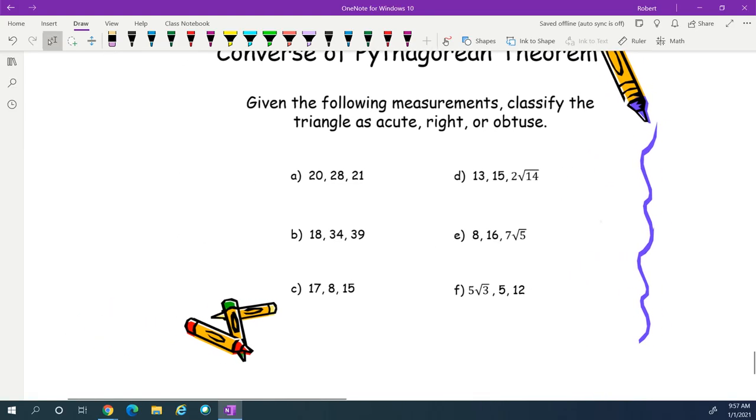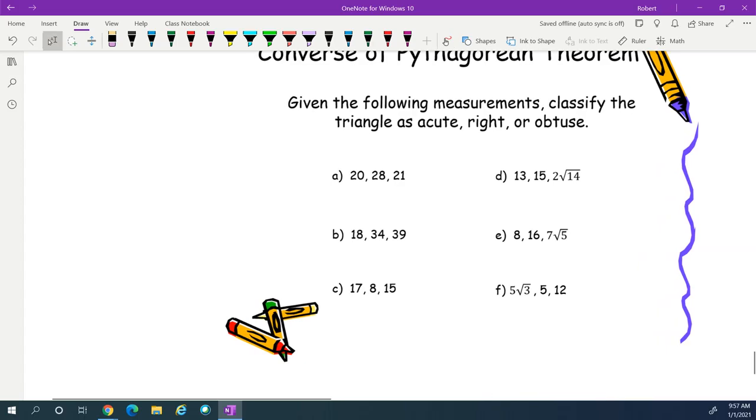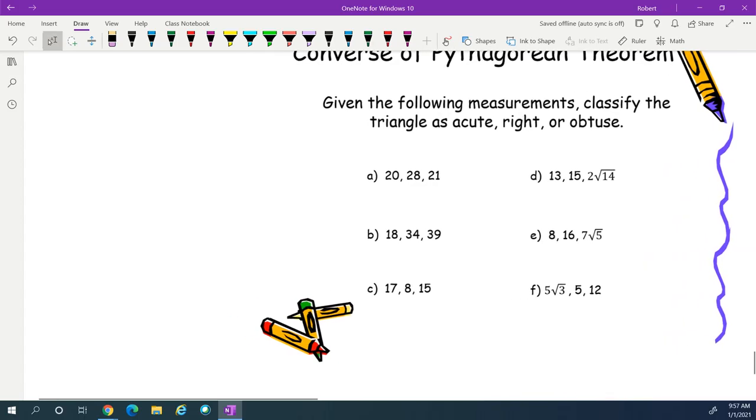So let's, again, do an example. Let's choose letter A. So I'm going to do A over here. The biggest number is 28. So I have to get that in the right spot. So 20 squared plus 21 squared equals 28 squared.